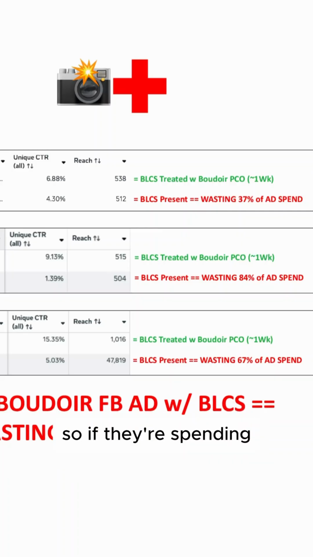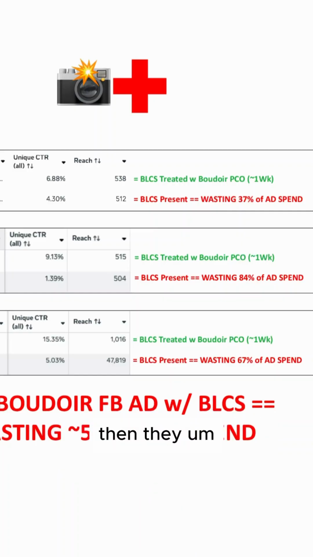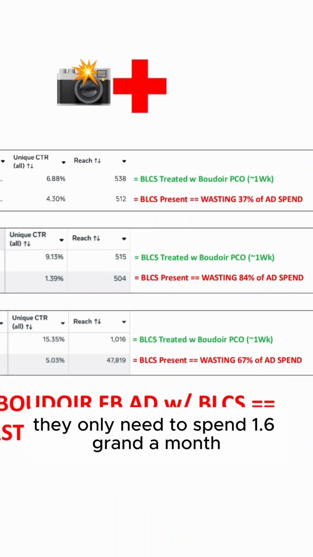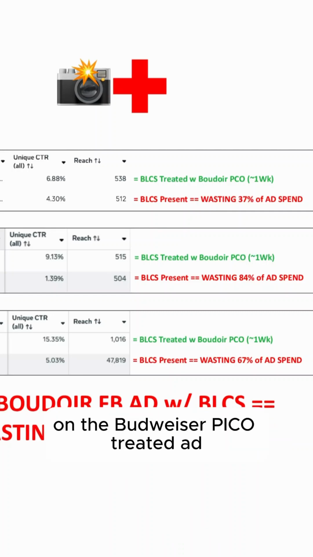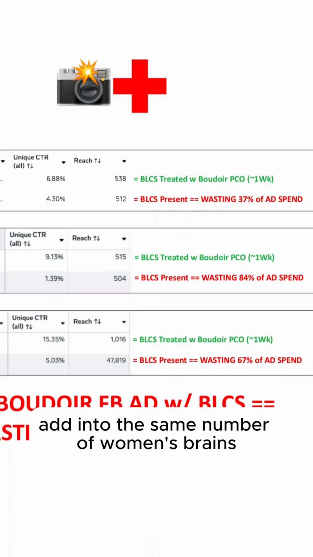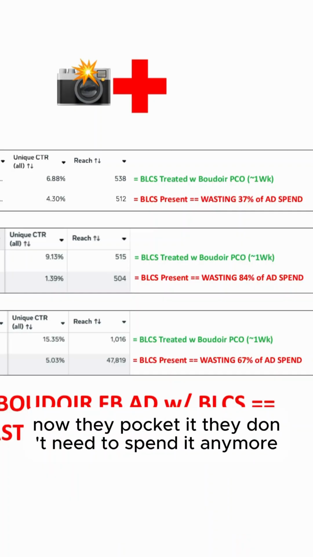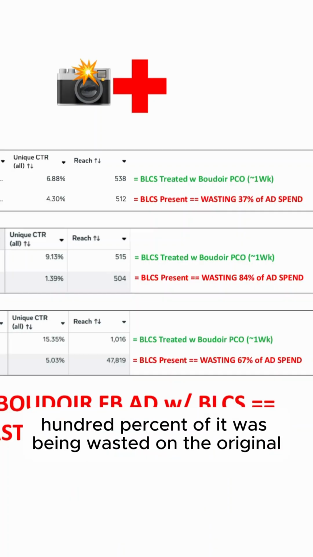So if they're spending 10 grand a month on that boudoir Facebook ad, now they only need to spend 1.6 grand a month on the boudoir pico treated ad, and they'll get their ad into the same number of women's brains. So $8,400 that was being wasted, now they pocket it. They don't need to spend it anymore, as 100% of it was being wasted on the original.